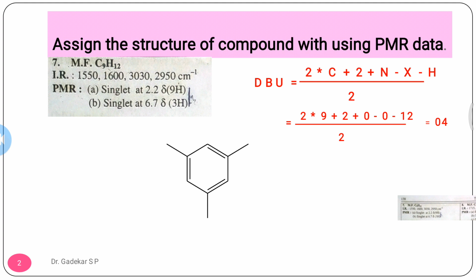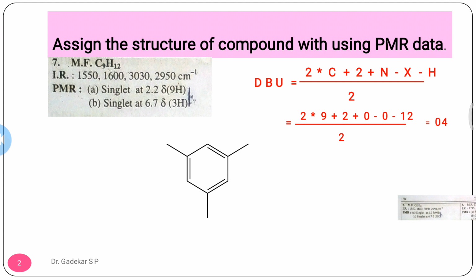This is the double bond unsaturation formula. Putting in the values: 2 times 9 carbons, plus 2, plus 0 nitrogen atoms, 0 halogen atoms, and 12 hydrogens, divided by 2, is equal to 4.